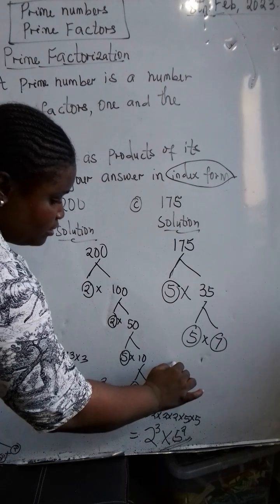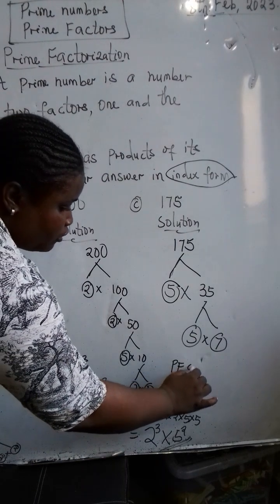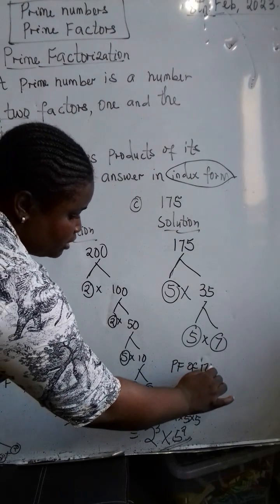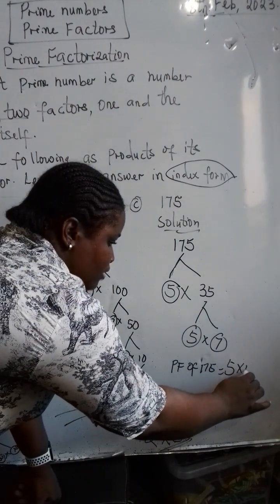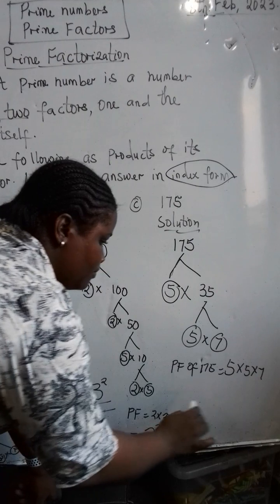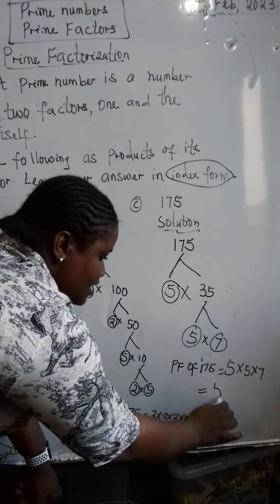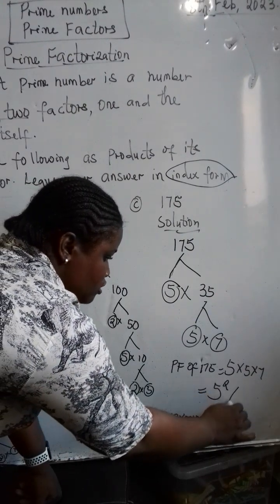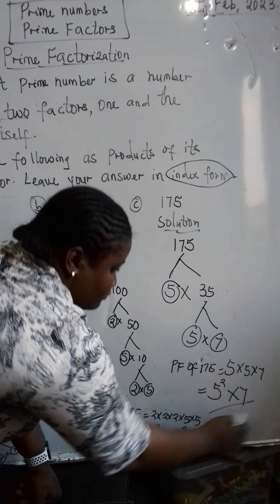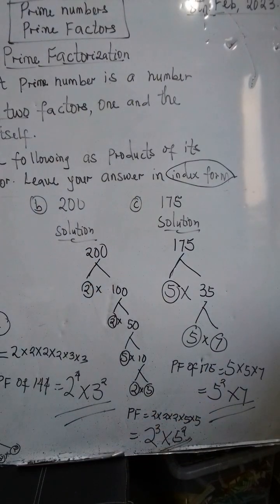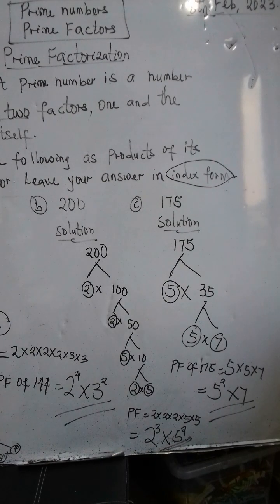So this is the prime factors of 175, which should be 5 times 5 times 7, which is the same as saying 5 raised to power 2 times 7. Please, this is 5 raised to power 2 times 7, my answer in index form.